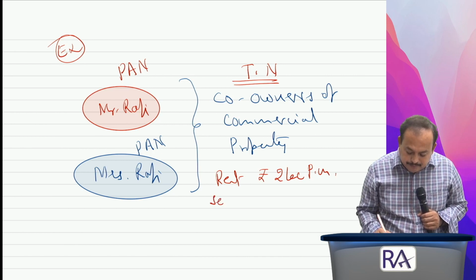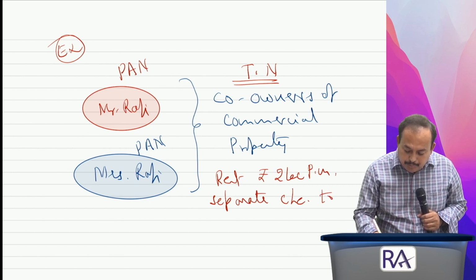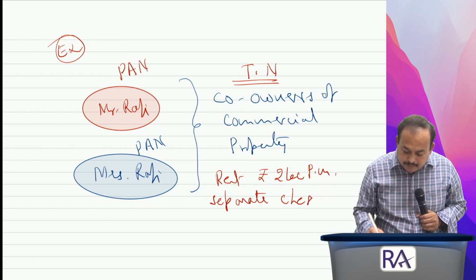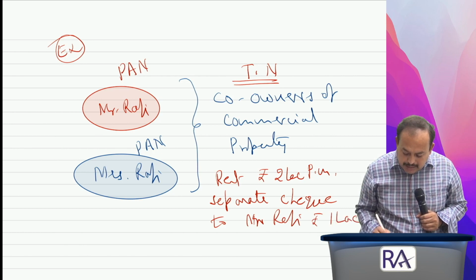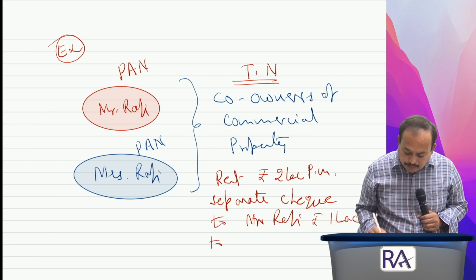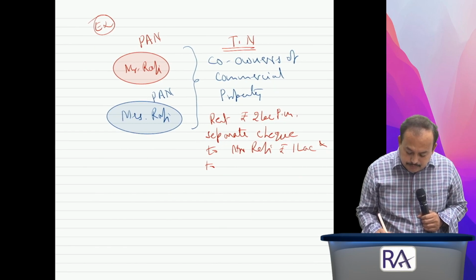Separate checks are issued: a separate check to Mr. Rafi for 1 lakh and a separate check to Mrs. Rafi for 1 lakh.